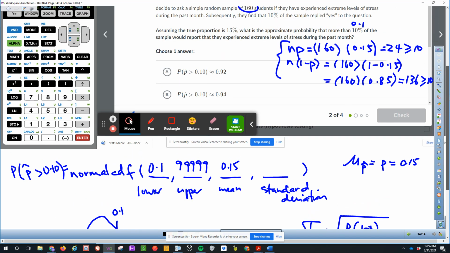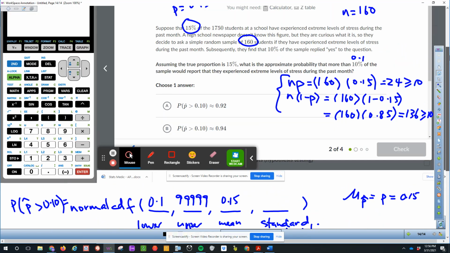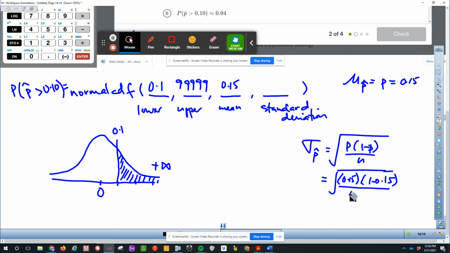What is my n here? My n is 160, the sample size. Now, you can put this in here, but it's going to be a little bit messy.